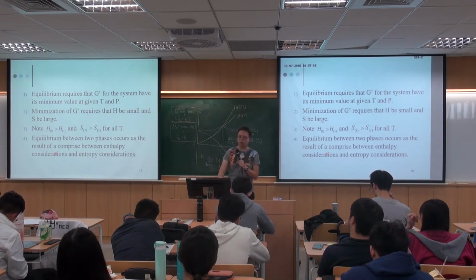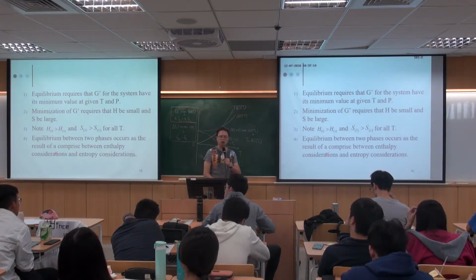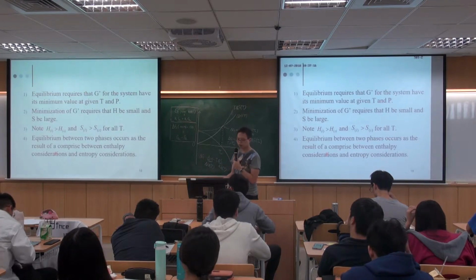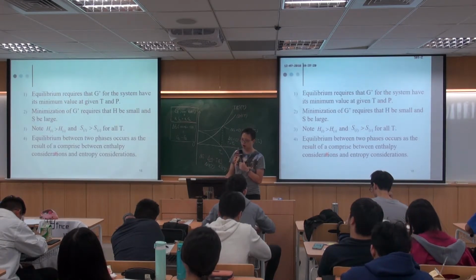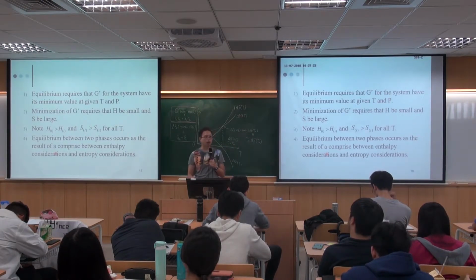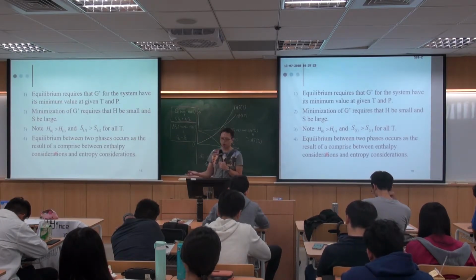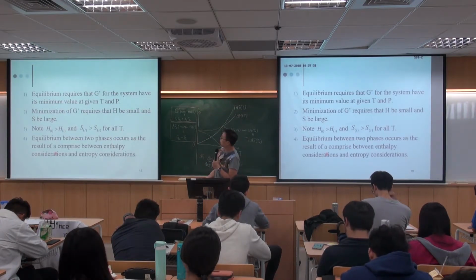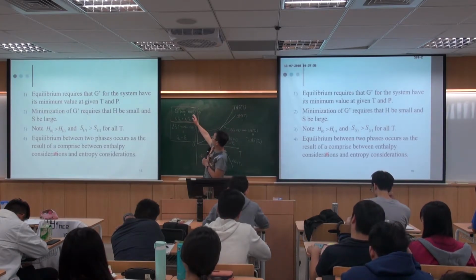So in this chapter, we won't use this criterion to do any calculations. Okay, and minimization of G prime requires that H be small and S be large. That's also what we learned when we first introduced Gibbs free energy, right? When we talk about chemical equilibrium, we say the enthalpy should be small and the entropy should be large to minimize G prime.